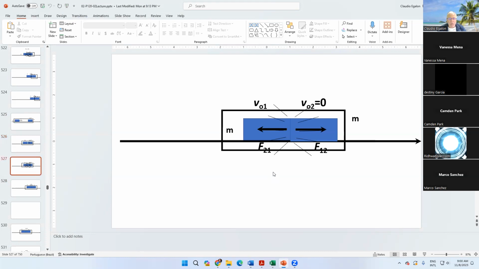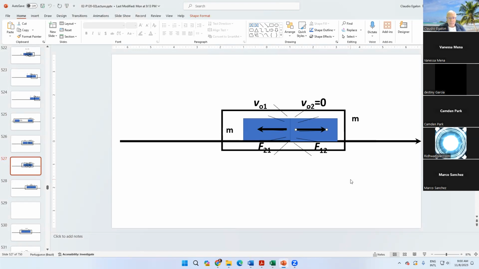At the moment of collision, object one applies a force to the right on object two, and object two applies a force to the left on object one. Because these two masses are being treated as a single object, the net force in this system is going to be zero, because this force plus this force are going to be zero.